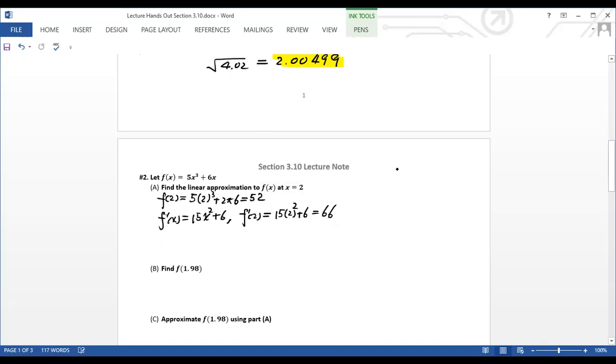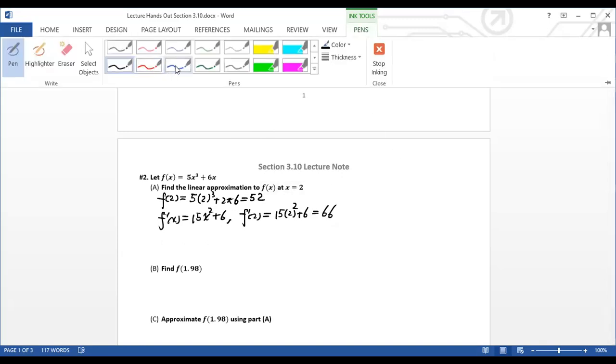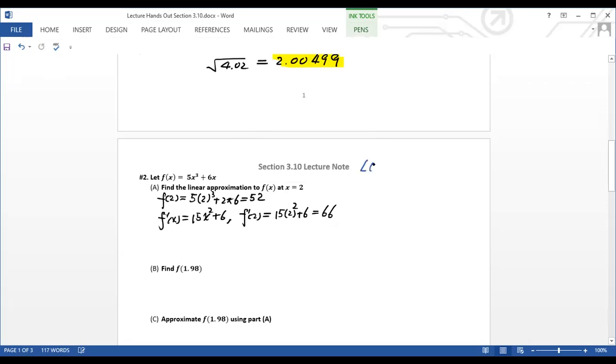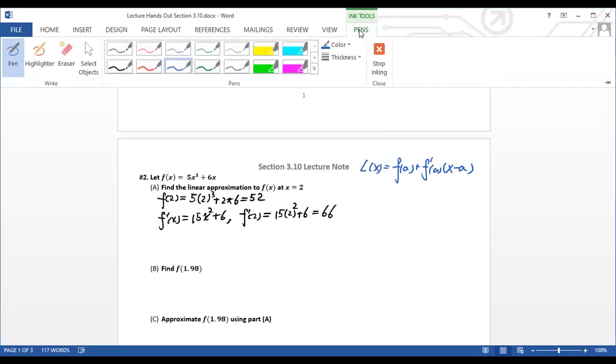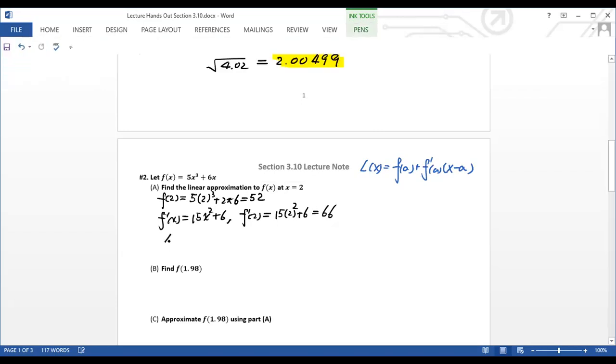Now I can write our formula we just derived for the linear approximation: f of a plus f prime of a times x minus a, right? So my linear approximation will just be 52 plus 66 times x minus 2.